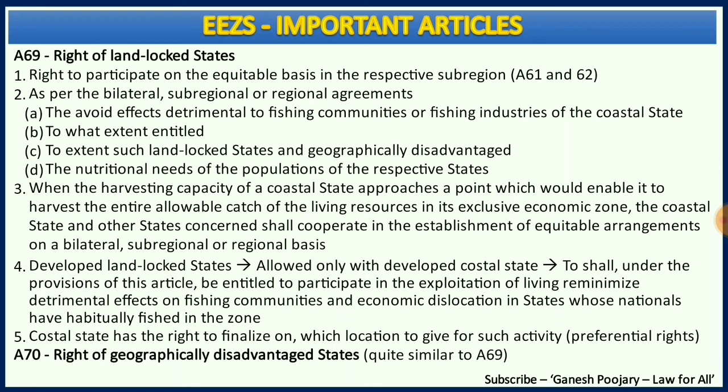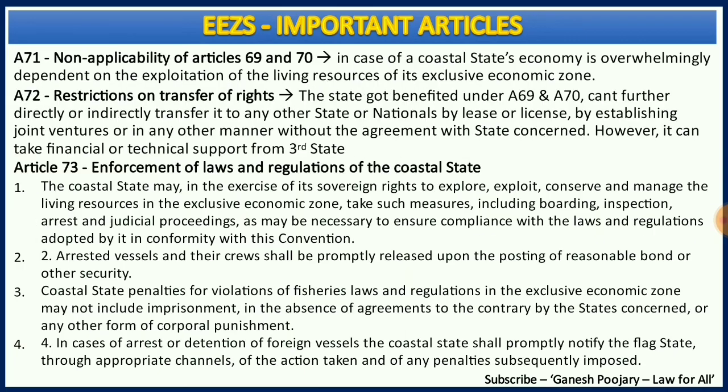That is very important. And then comes Article 70, which discusses the right of geographically disadvantaged states, which is quite similar to Article 69. And after that, Article 71, which discusses the non-applicability of Articles 69 and 70, when a coastal state's economy is overwhelmingly dependent on the exploitation of the living resources of its exclusive economic zone.